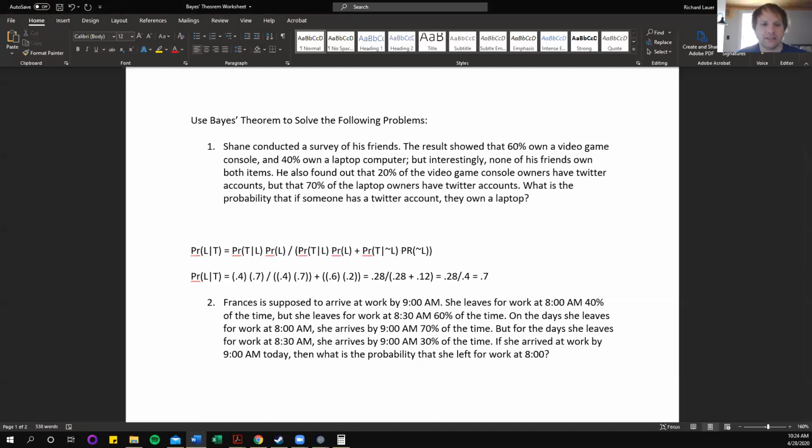The argument that if somebody has a Twitter account, then they own a laptop, the evidence in favor of that is actually quite good. That is, the observation that somebody has a Twitter account does make it very likely, given this background information, that they own a laptop. And so this is the general way you would do this.